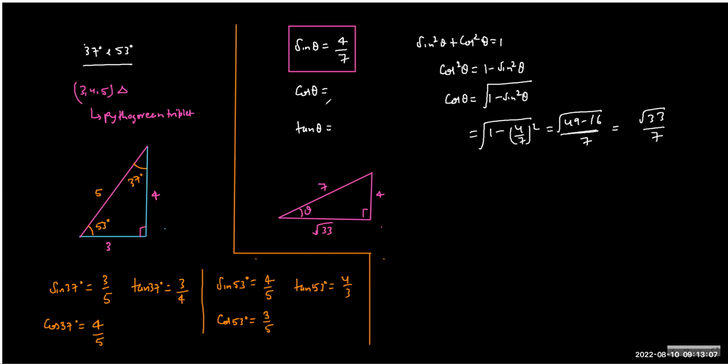So what is cos theta? You can clearly see it's the base upon the hypotenuse. What is tan theta? Or for that matter, if I ask you what is sec theta? No need to look for the identity and get the answer. You can get it directly. So what is sec theta? 7 by root 33.